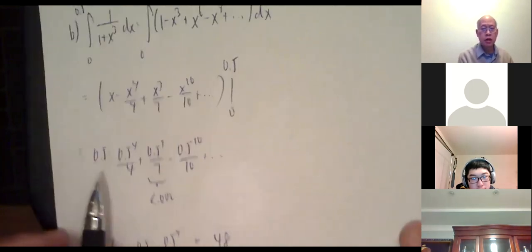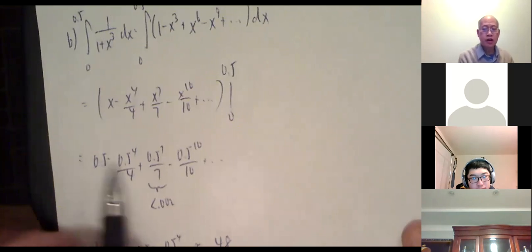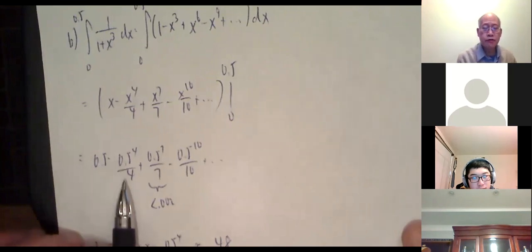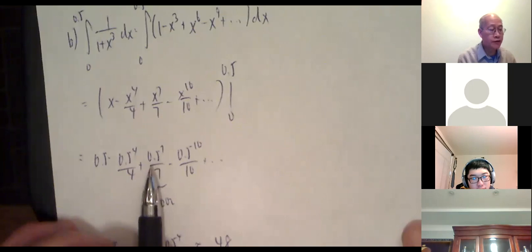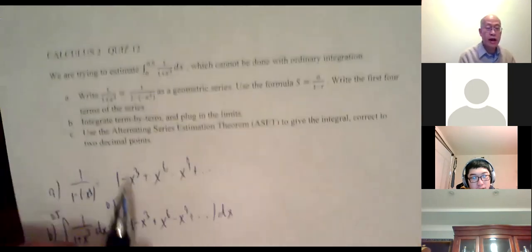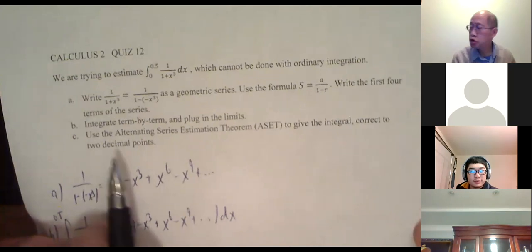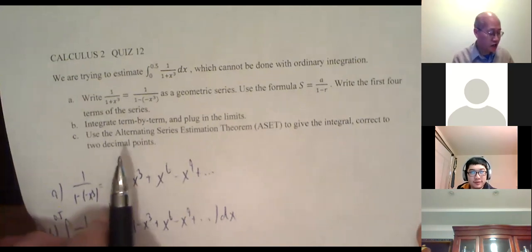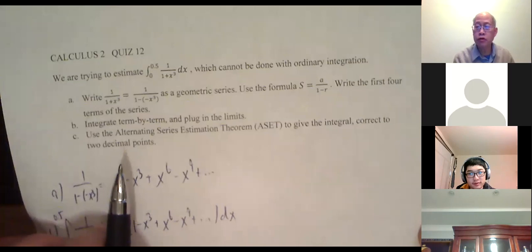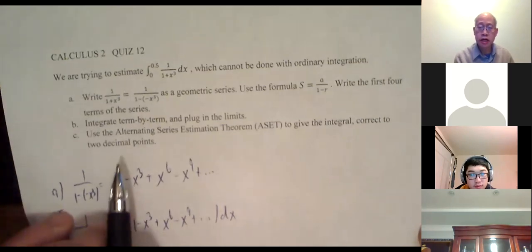0 gives me 0. 0.5 gives me 0.5 minus 0.5 to the 4th over 4 plus 0.5 to the 7th over 7. Now we are asked for 2 decimal places. And by the way, when it asks for 2 decimal places, you should only give me 2 decimal places. You should not give me 0.48432 or whatever, just 2 decimal places.